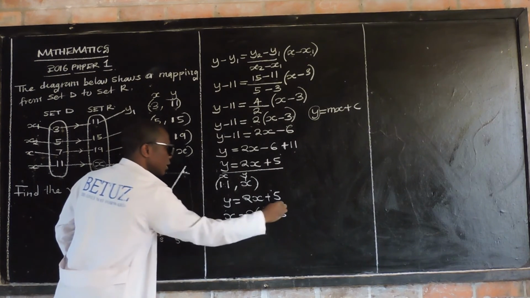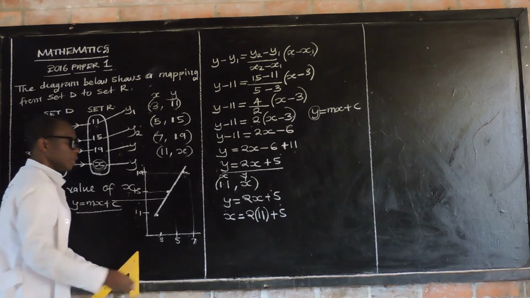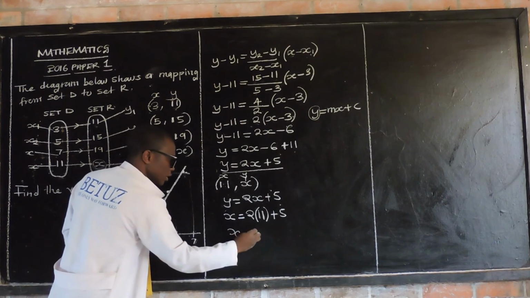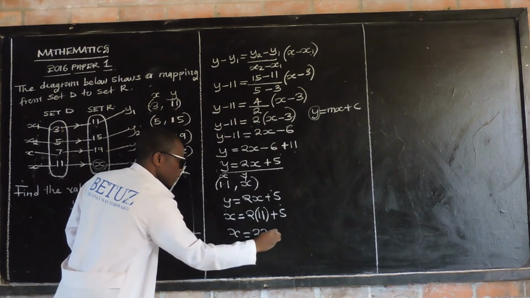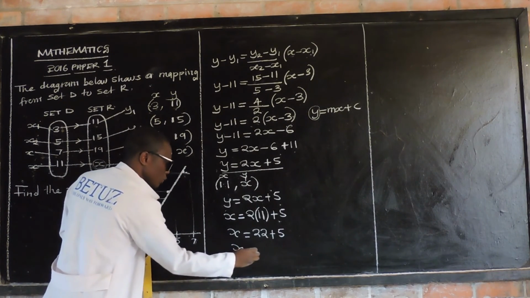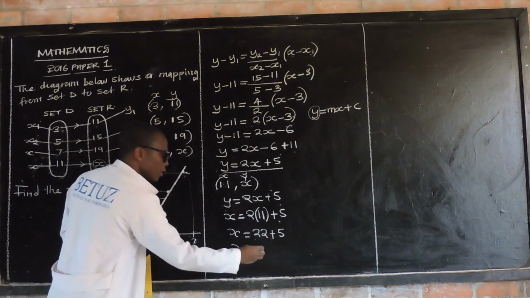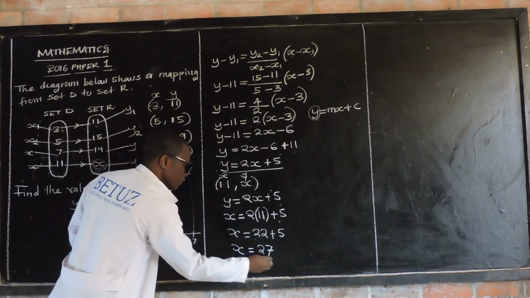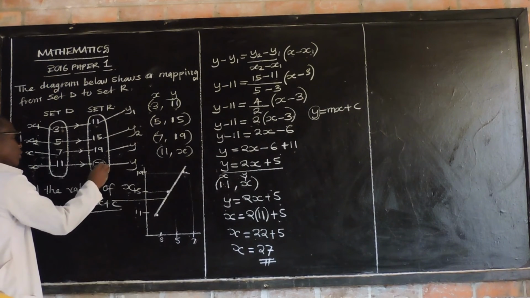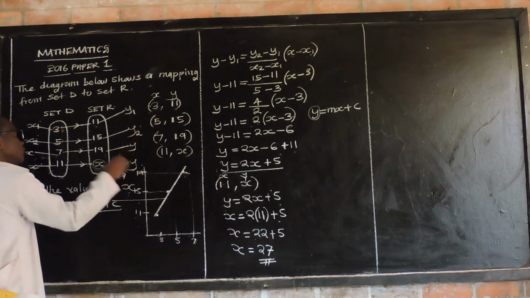So you say x is equal to 2 times 11, you get 22 plus 5, you get 27. So 27 is the value of x.